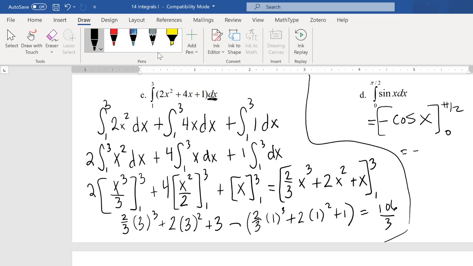So this would be minus the cosine of pi over 2 minus, always minus, a negative cosine of 0. So cosine of pi over 2 is 0. Cosine of 0 is 1. This all comes out as 1. And in fact, we did that one earlier, right? That was one we did by the Riemann sum.